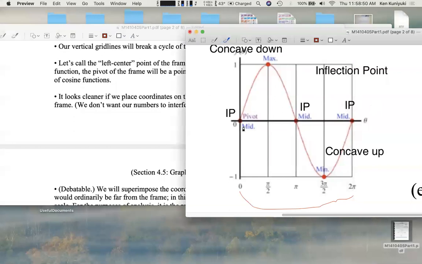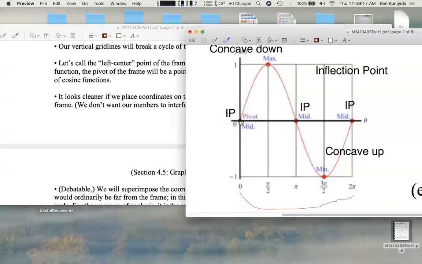The left center point is this pivotal point. I'm going to call this point the pivot. It's the point that corresponds to the origin. Later on, it's the point that the origin will move to. And for sine and cosine graphs, the pivot will always be at the left center of the frame. For right now, it's at the origin. In fact, the pivot will be at the left center for all 6 trig functions, except for tangent.